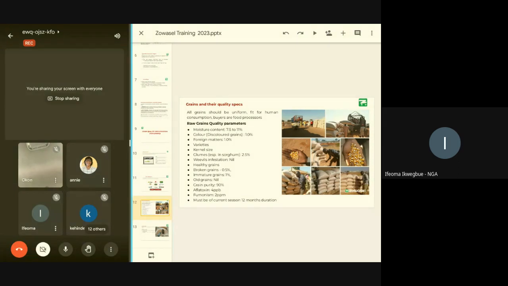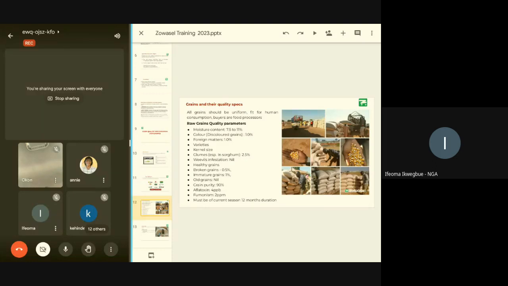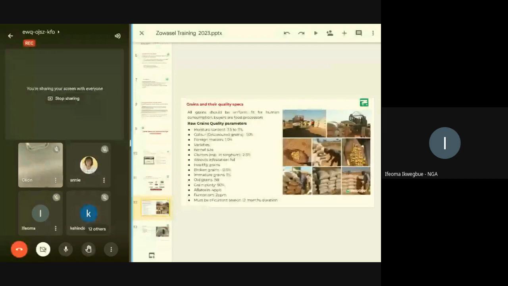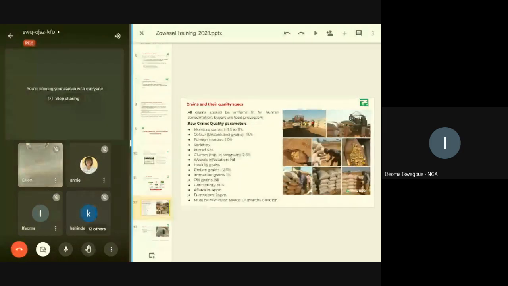So these are the kind of things that buyers actually look out for. The kernel size, which must be big in size and must look healthy, is also looked out for. The glumes, usually in sorghum, and there's a certain percentage of glumes that is acceptable for sorghum, for instance.